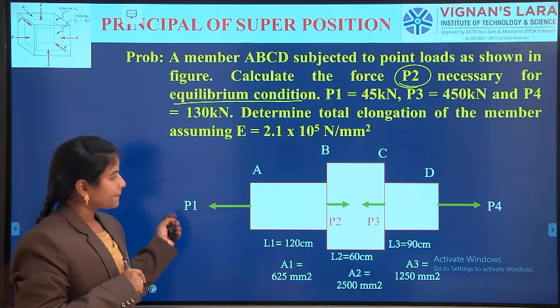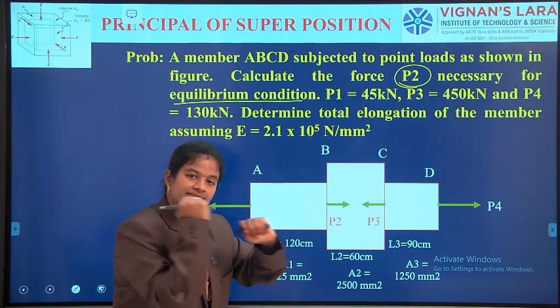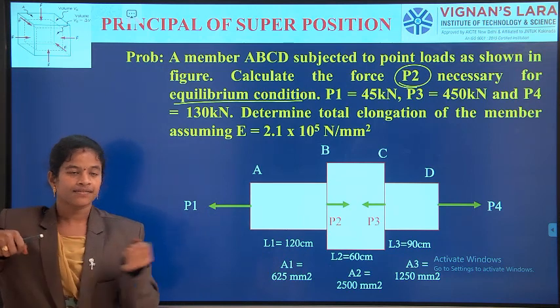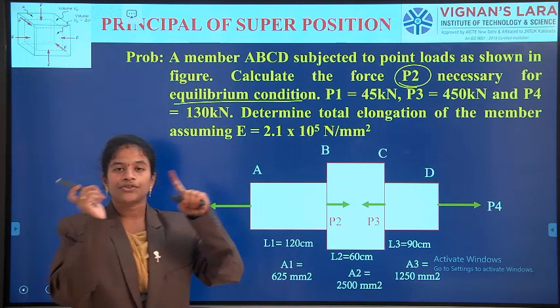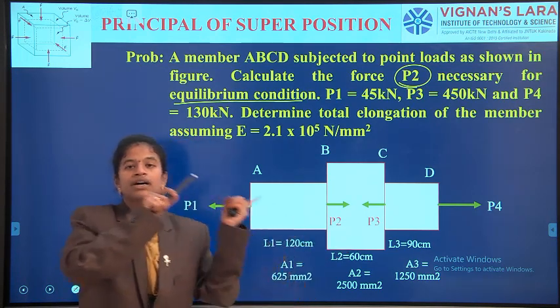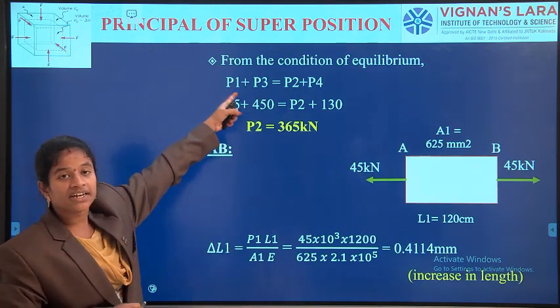Similarly, if the forces which are trying to pull the body in this direction are equal to the forces trying to pull the body in the other direction, the summation of all the forces coming from left to right is equal to the summation of all the forces coming from right to left. So that is our equilibrium condition.